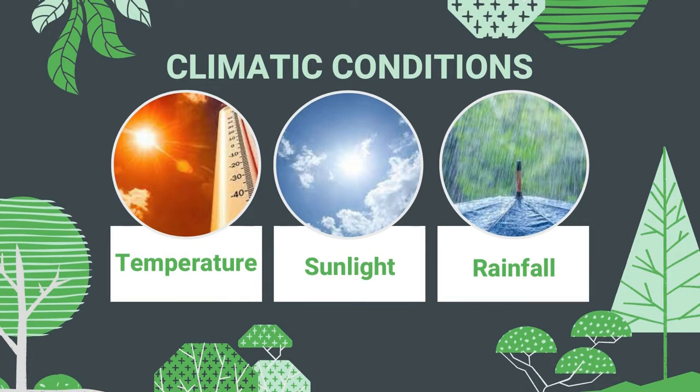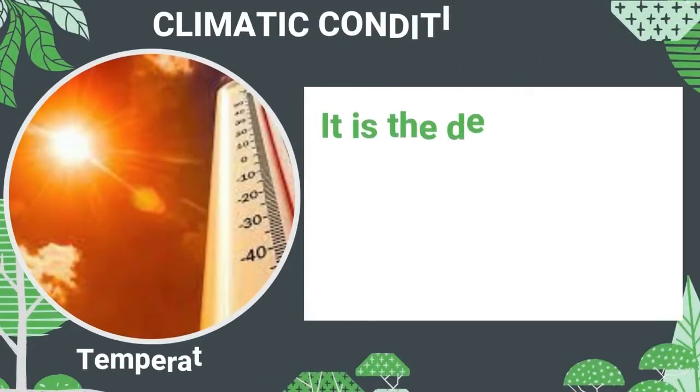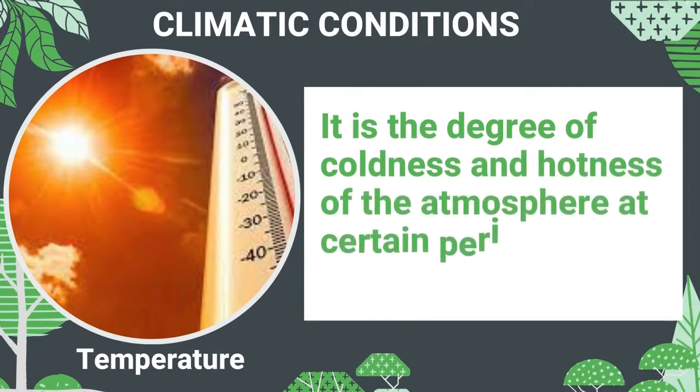Now, we are going to define each term. So under climatic condition, we have the temperature. What is the definition? It says that temperature is the degree of coldness and hotness of the atmosphere at a certain period of time.